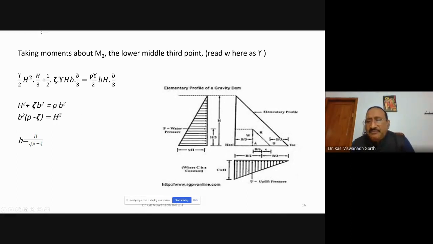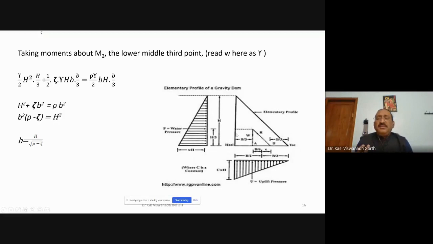Similarly, there will be uplift U also. This uplift pressure can be estimated based on the area of the uplift pressure intensity diagram. This is spread over a distance of b, the entire base width. So half of gamma h into b multiplied by the uplift intensity factor zeta would give you the total uplift pressure U.